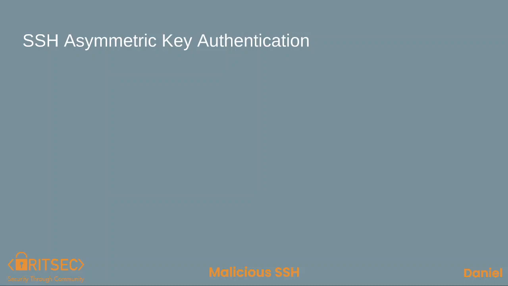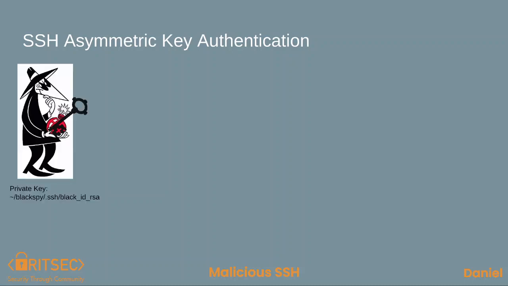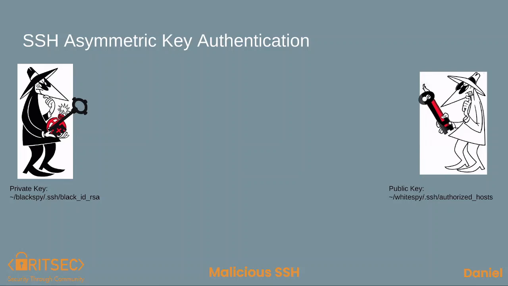So first, let's go over some basic SSH asymmetric key authentication. They teach us this in CSEC 140. I'm not going to spend too much time on it, but just as a refresher. We'll start with Black Spy over here. He has his private key in that directory. And then we have White Spy with Black Spy's public key in his authorized hosts file, which is the file where you copy and paste all the public keys that you want.